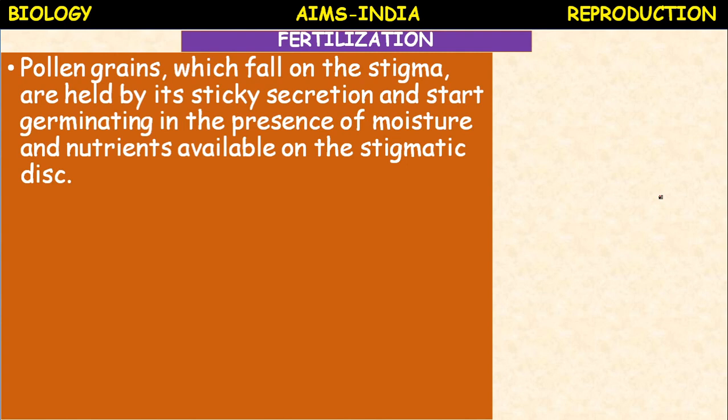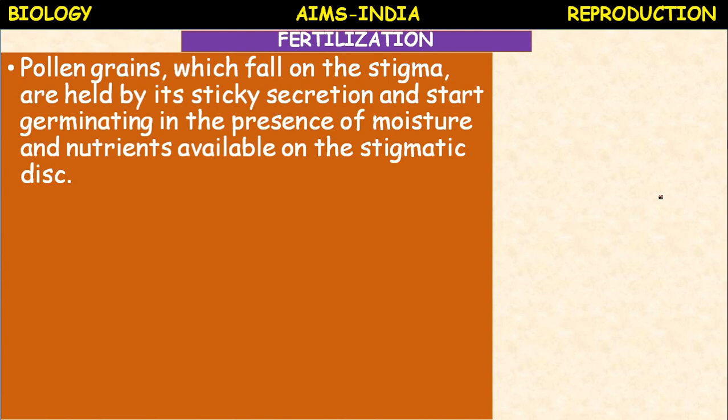Examples are also there. You have to remember, chiropterophily you can see in Anthocephalus, Adansonia, some examples, which have very large flowers.